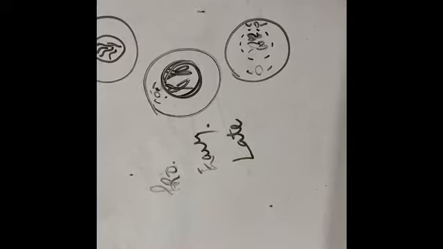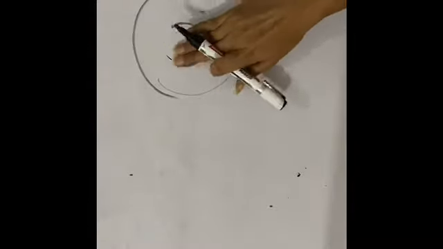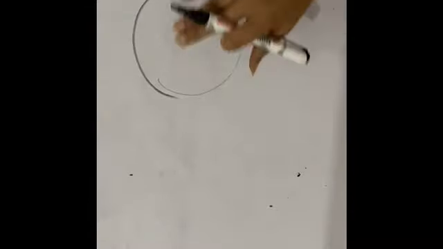Now the next phase, what was after the prophase? It is metaphase. Now in metaphase, the chromosomes will arrange themselves at the equator. You will not draw this nuclear membrane now because the nuclear membrane has completely disappeared, right?